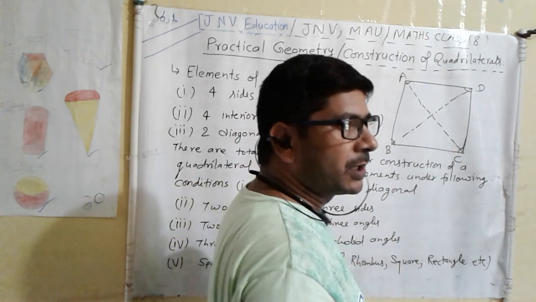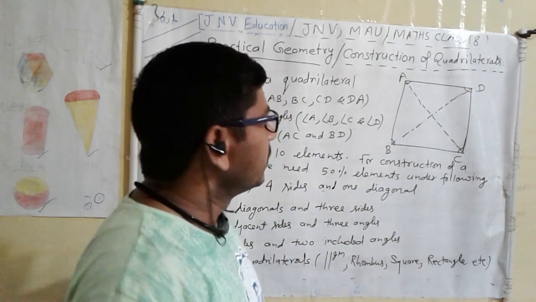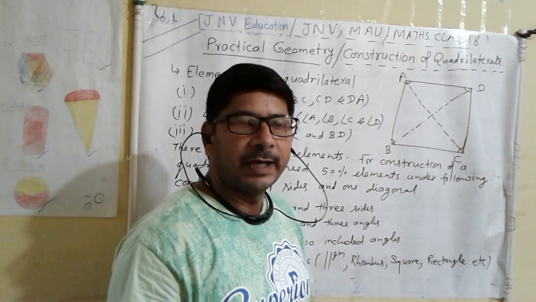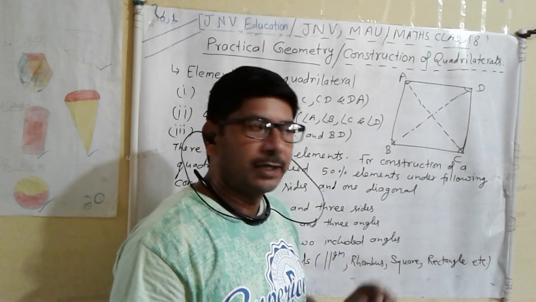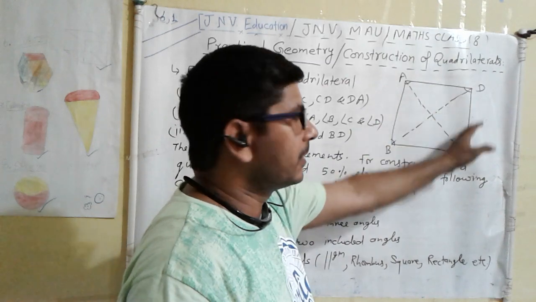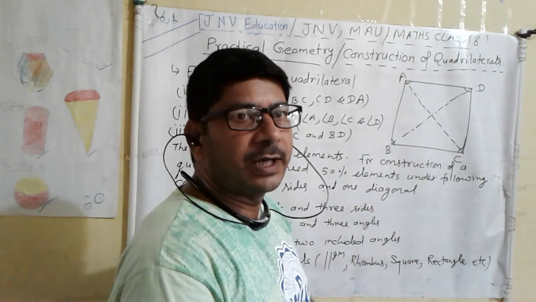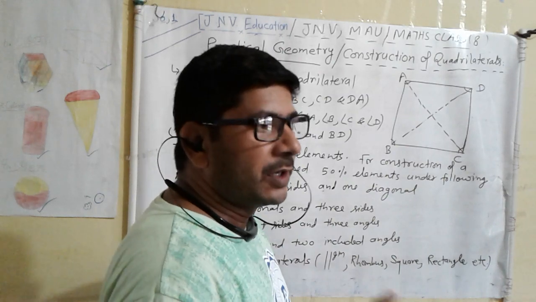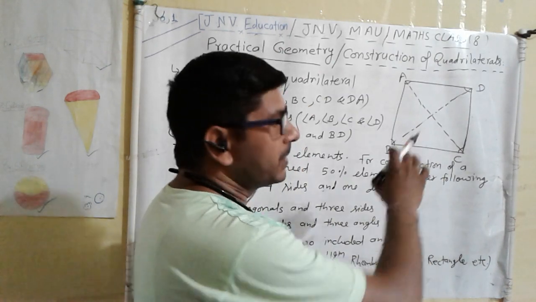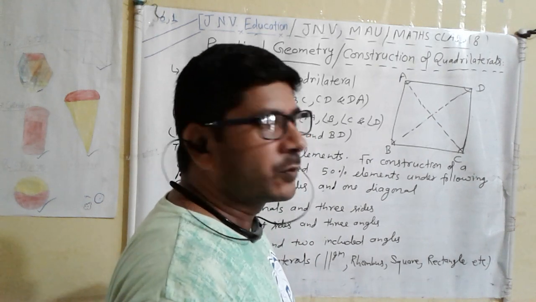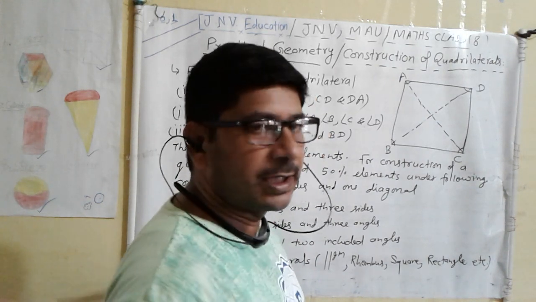Whenever you start the construction, first of all read the question carefully and understand the condition, and according to your question draw the rough diagram of the quadrilateral according to the given information. From that you will get some idea how you can construct the quadrilateral very easily.